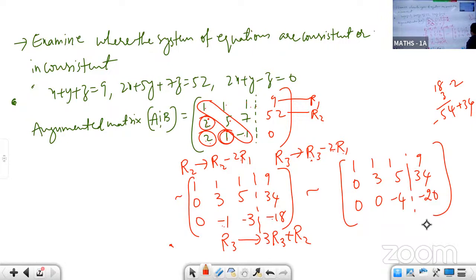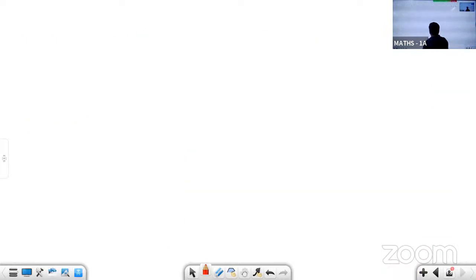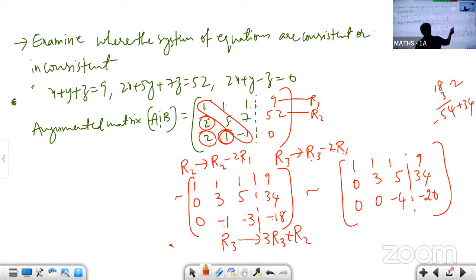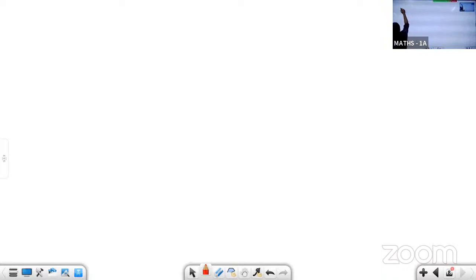After making these 3 zeros, now I am going to write the equations back. How am I going to write the equations? Once again, have a look at this board. What are the equations? x plus y plus z equal to 9. These are nothing but coefficients of x, y, z only, no? Therefore, here you are going to check with rank.